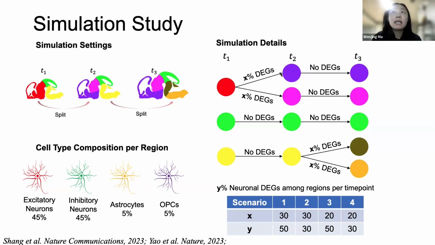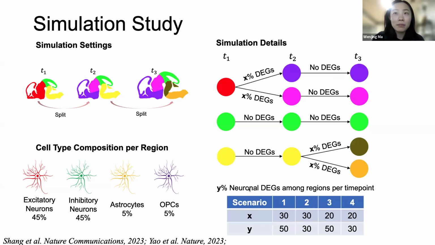When a split occurs, we assume there will be, say, X percentage of DE genes between them. For example, between this red dot and the purple dot, there will be 20% of neuronal DE genes. If there is no split, I just assume there are no DE genes. But along the regions, we assume there will be Y% of neuronal DE genes.